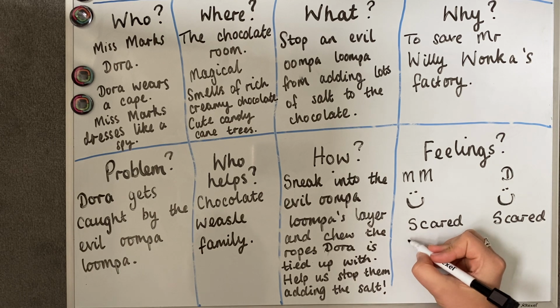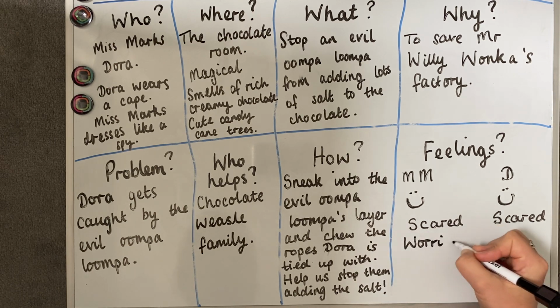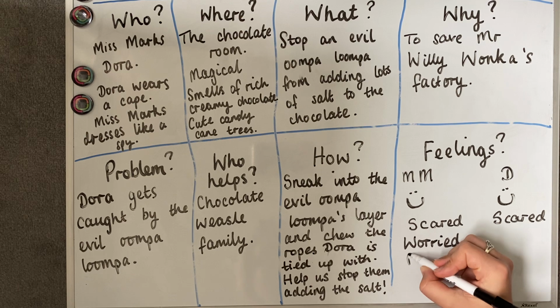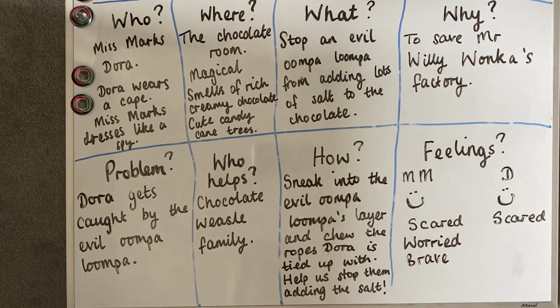And maybe Miss Marks is also feeling a bit worried about Dora and whether she's going to be able to get her back. But when the chocolate weasel family come and help Miss Marks, how do you think she's feeling then? I think she's feeling a little bit more brave. And Dora, when she's saved, might feel relieved.